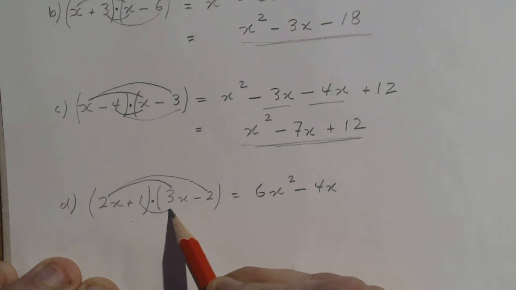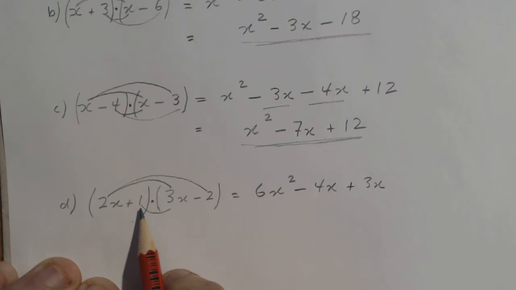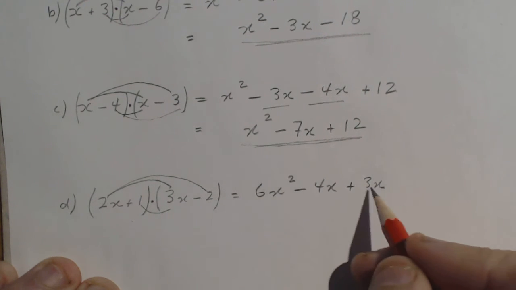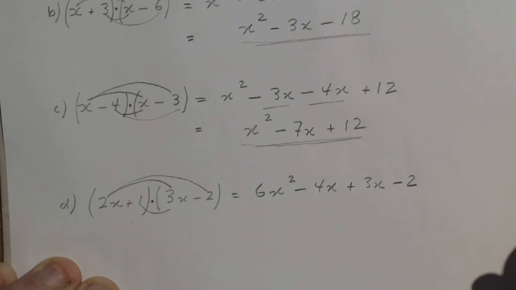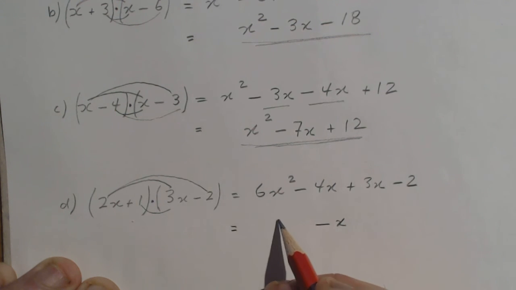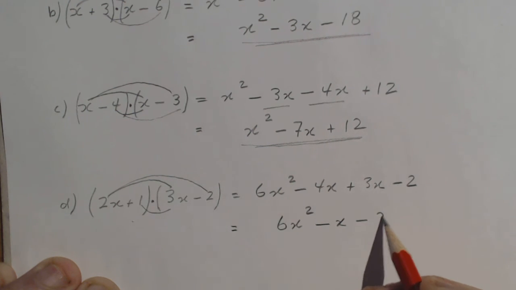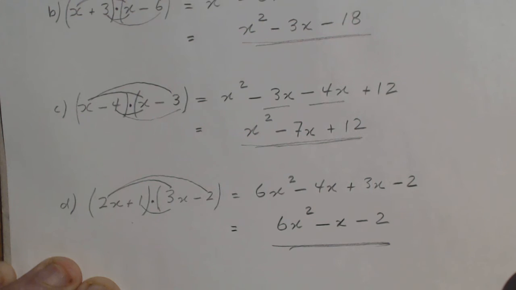Now I do the 1 times 3x gives plus 3x. Now I do the 1 times negative 2 gives negative 2. Now I collect any like terms. As you can see, minus 4x plus 3x will give minus x. We have the 6x squared term on its own and also the minus 2 on its own, and that is our final result.